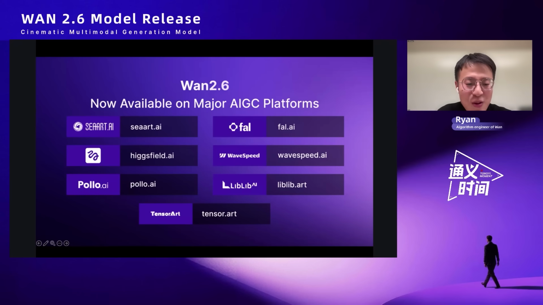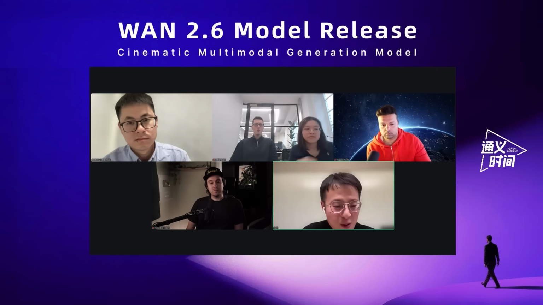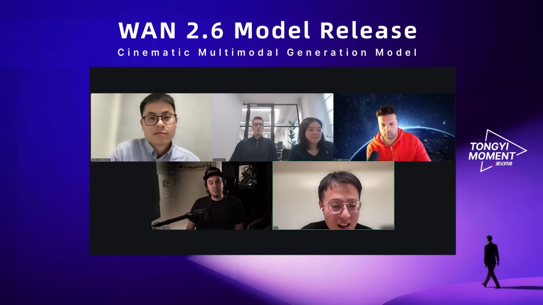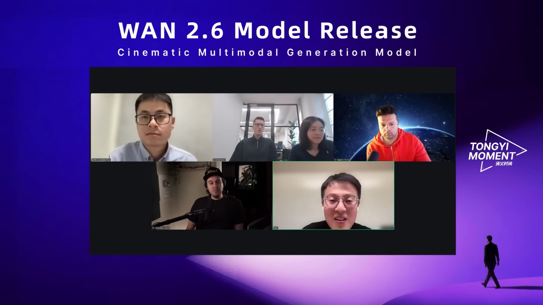And we can also try our model on global AI content generation platforms, like Fal AI, WaveSpeed, LibLib, and Tensor. These are our partners. Finally, we welcome everyone to try our new model and ask any questions. Thank you for listening.